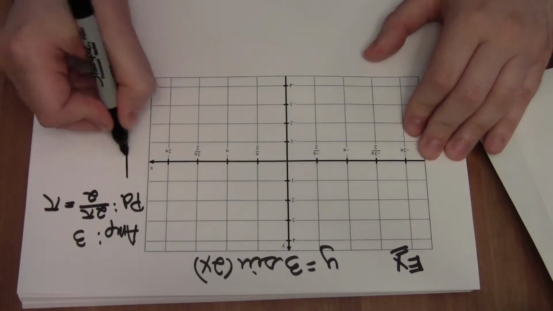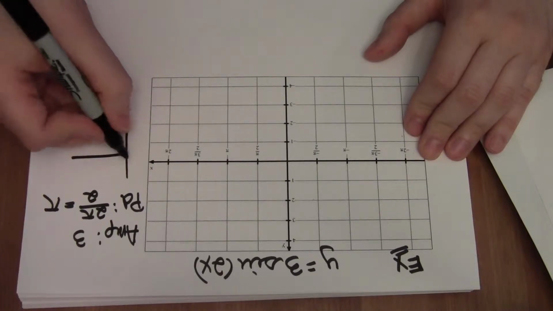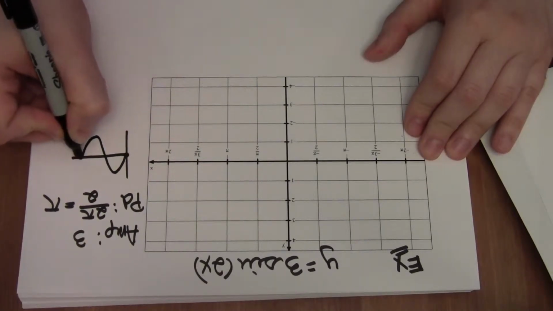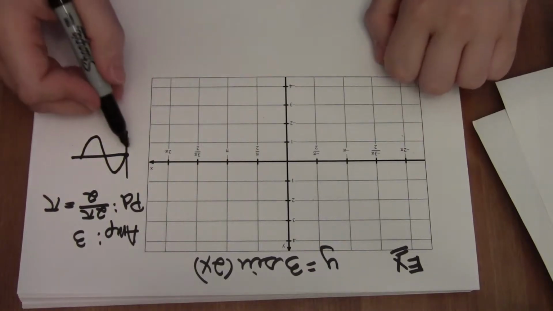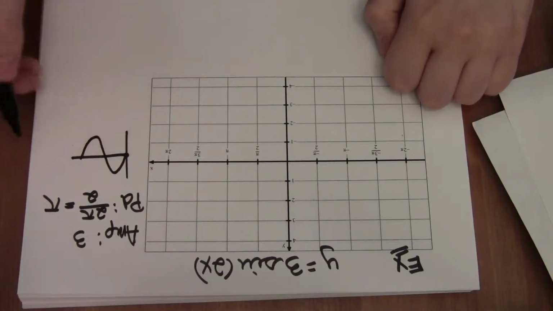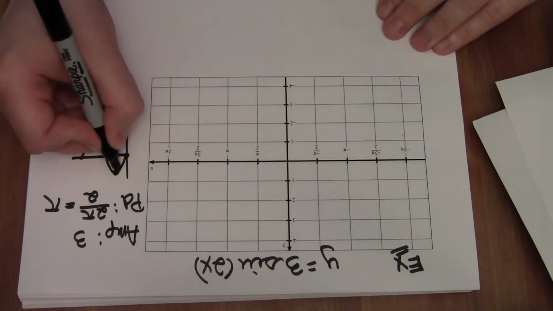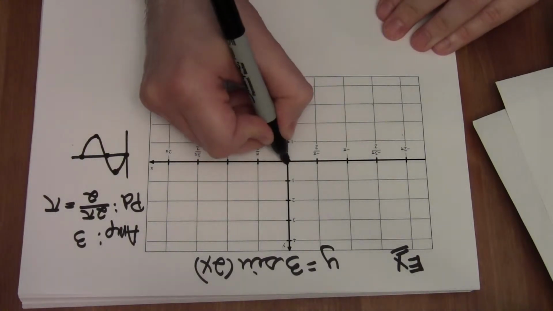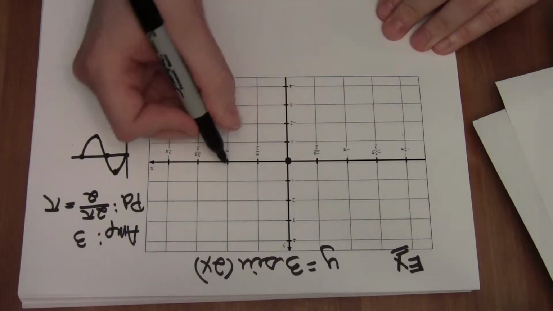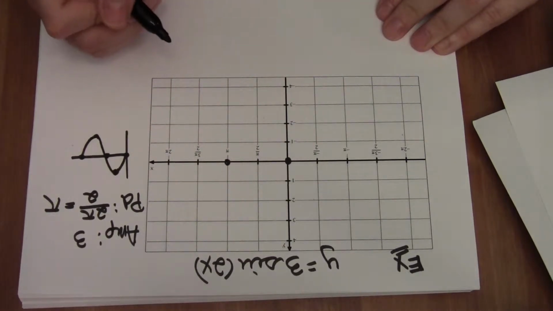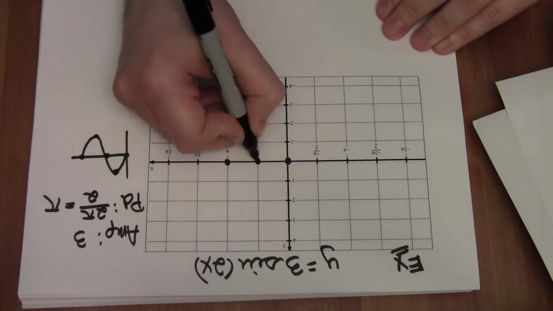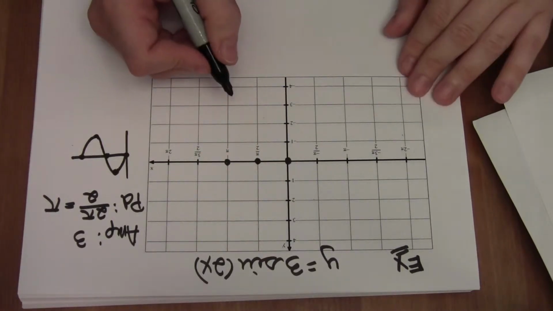What this means is my normal sine graph that starts at 0, goes to the highest point, to 0, to the lowest point, back to 0. I need to do that entire pattern between 0 and pi. I'm going to do some subdividing to figure this out. At the beginning I need to be at 0, and after pi units, I also need to be at 0. Halfway through my sine curve, I need to be again on the x-axis at 0.